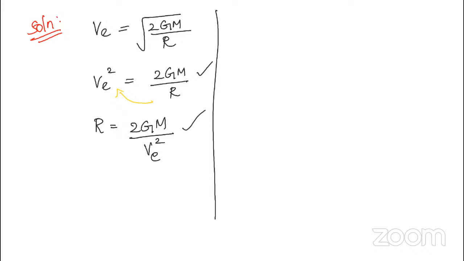So let us now substitute the values for G and M. So 2 into, what is the value of G? Put it in the comment box. G is nothing but the universal gravitational constant. What is the value of G?